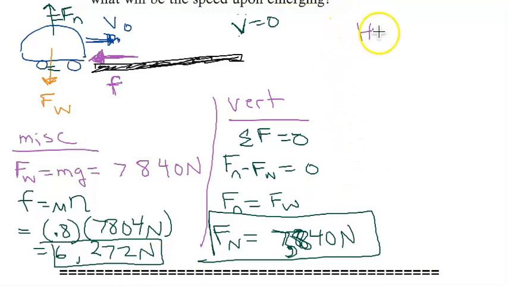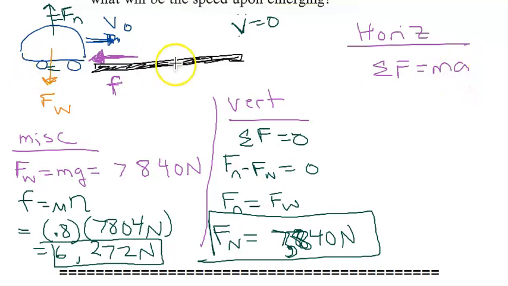So now we're going to do horizontally. Horizontally, it is decelerating. It is not going at a constant speed. But the only force acting on this car is the nooks and crannies, and that's how hard they're pushing. Equals M, which is 800 times A.